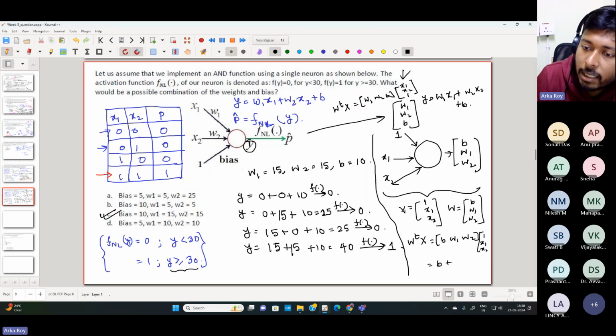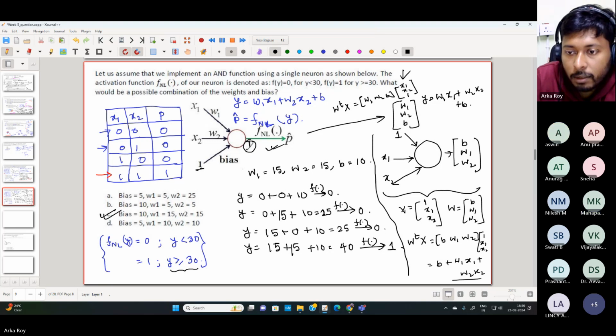So again, you will end up with the same equation. So that means there is no issue with these representations. You can use either of these two. Either you put x1, x2 at the top and bias at the bottom position, or you can put the bias term on top and the features on the bottom. So any of the representations is correct.